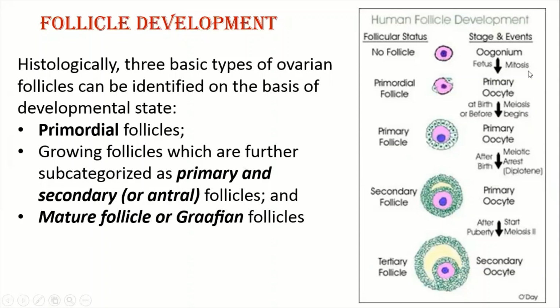First is the oogonium. At the oogonium stage, there is no follicle actually. The oogonium gives rise to the primary oocyte. Once the primary oocyte is formed, it will be covered by a single layer of simple squamous epithelium, which is called the primordial follicle.